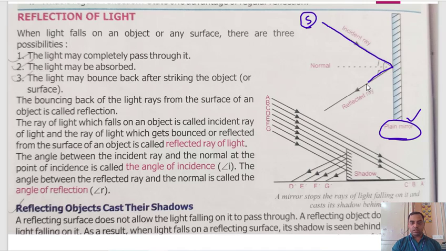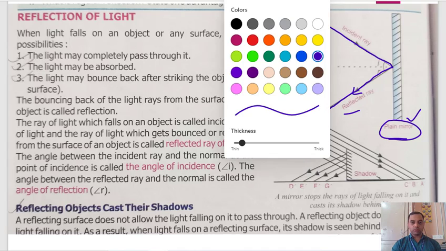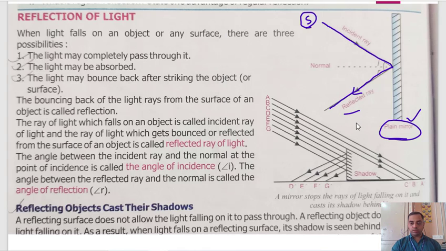After that, it is getting reflected back. So this is the reflected ray. So this is the incident ray, and this is the reflected ray. When the incident ray falls on the mirror, it gets reflected back.